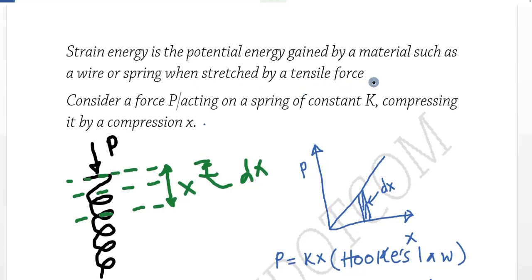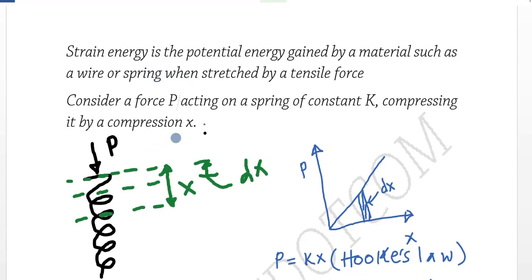For a spring, if it is compressed by a compressive force and undergoes a compression X, then at that position it has what we call potential energy, that is called strain energy.